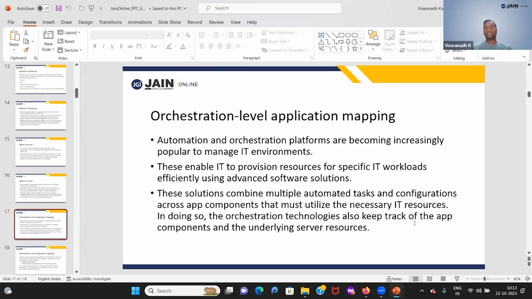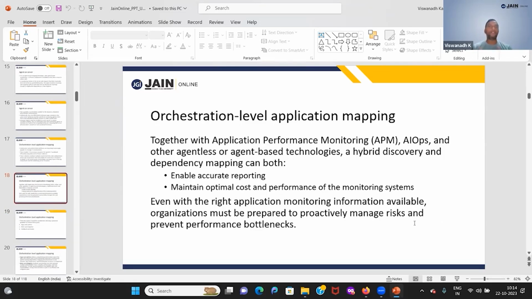In doing so, the orchestration technologies also keep track of application components and the underlying server resources. Together with application performance monitoring, APM, or AIOps, DevOps, and other agentless or agent-based technologies, a hybrid discovery and dependency mapping enables accurate reporting and maintains optimal cost and performance of monitoring systems.